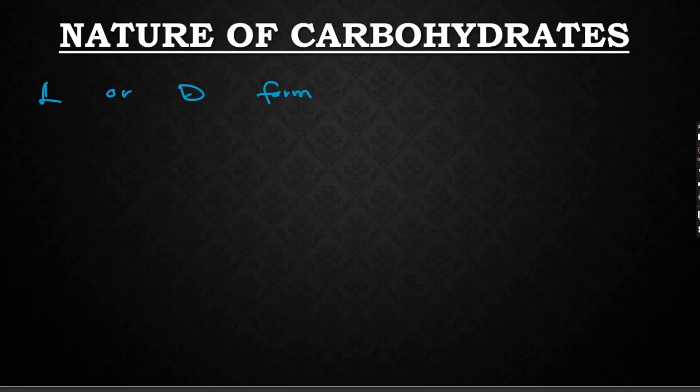So carbohydrates naturally exist in the form of L or D form, and it is likely to be asked, what does this mean? How can you determine if a carbohydrate is in L or D form? Sometimes you'll be given a compound and asked to say what the compound is.